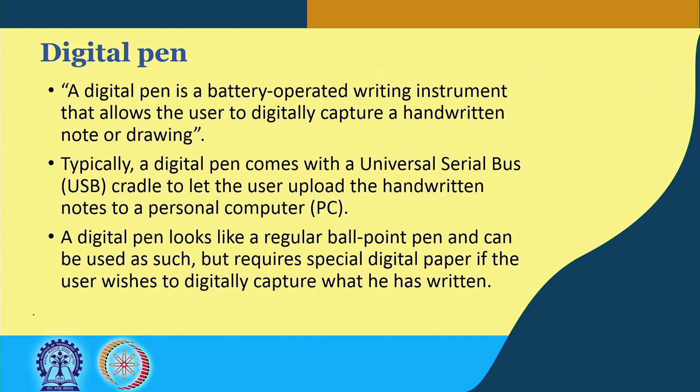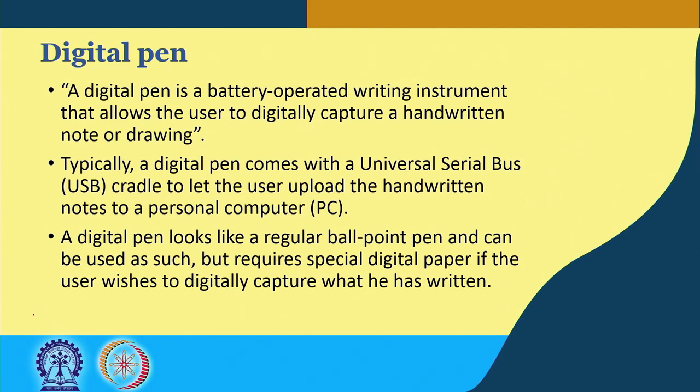So, let us look at what is the definition with respect to what is a digital pen. A simple definition with respect to digital pen would be: a digital pen is a battery operated writing instrument that allows the user to digitally capture a handwritten note or a drawing.